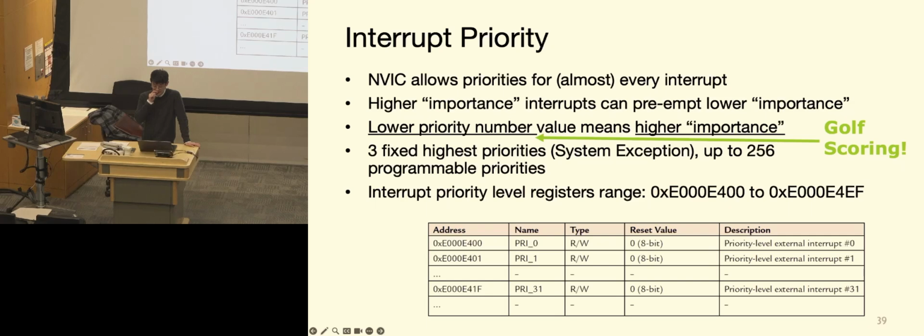Across different types of microcontrollers, even if they're all under ARM, it's hard to set a highest absolute value to be the highest priority, because we don't know how many interrupts a given set of hardware has. So we just chose that the lower number is the higher priority.